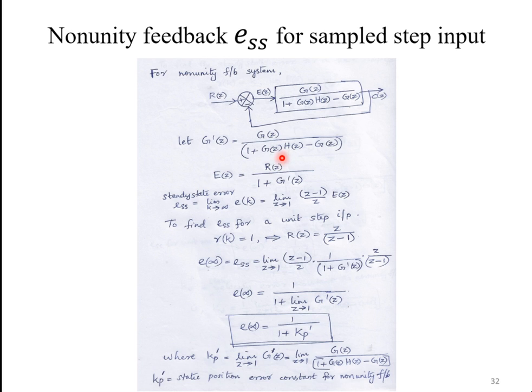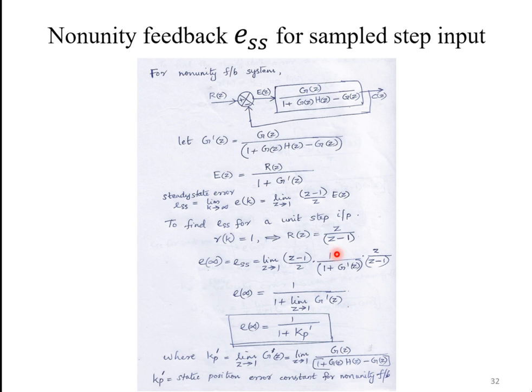Replacing R(z) by z by z minus 1, we get 1 over 1 plus G'(z) into z by z minus 1. So z gets cancelled and z minus 1 gets cancelled, as in the previous calculation with the unity feedback.